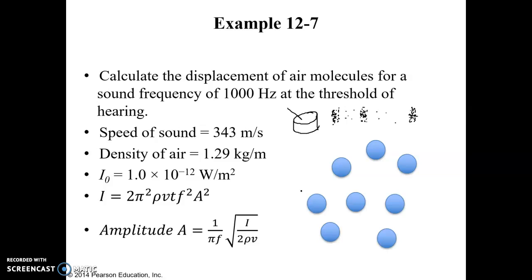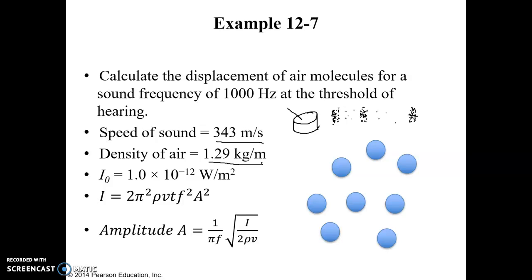So if we actually want to look at how these molecules move, how they vibrate, we can go back and look at some equations from the previous chapter. So first of all, the speed of sound, we're assuming this is room temperature air, 343 meters per second. What is the density of air?